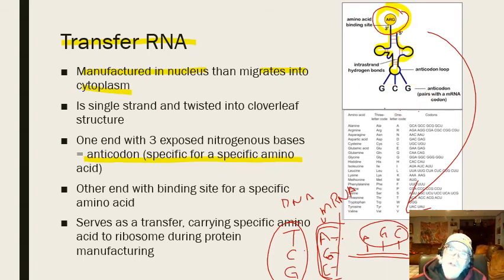Now let's go up to where we started. Let's look at this. This is a transfer RNA for arginine.